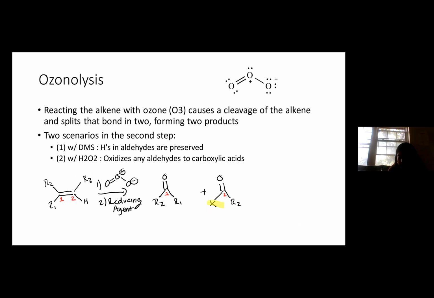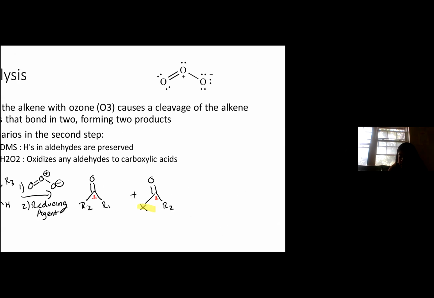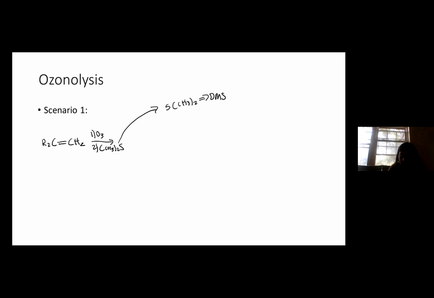Okay. So let's look at the two scenarios in detail. Scenario number 1, we have DMS right here. You can write it as you could see right here, it's just S and then CH3 and then another CH3.